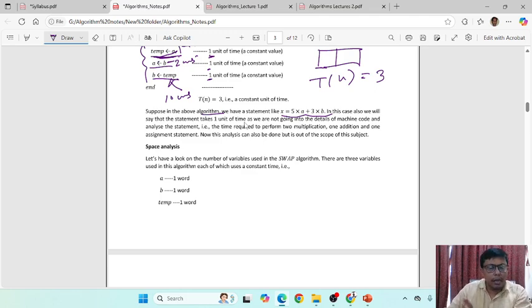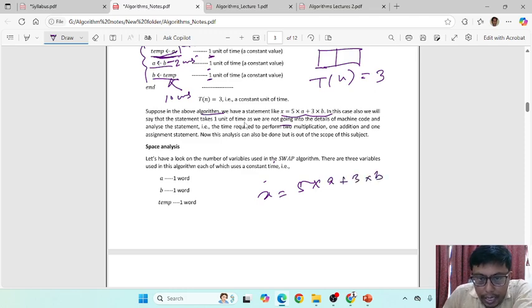But just a brief thing I would like to say here: for this statement, x equal to 5 into a plus 3 into b, if we go to the machine language, this multiplication will take more machine cycles compared to this addition.